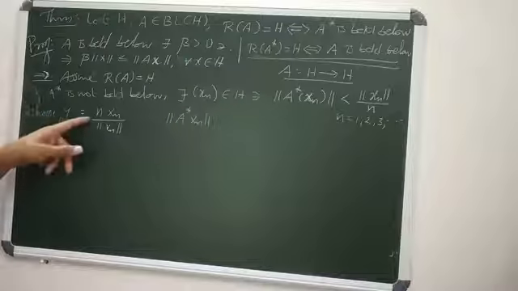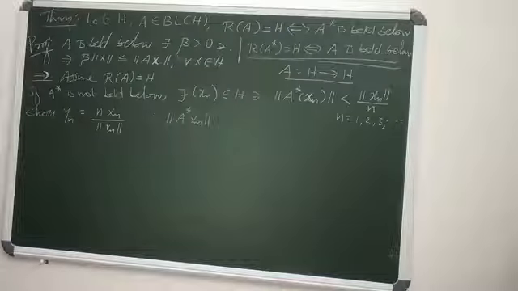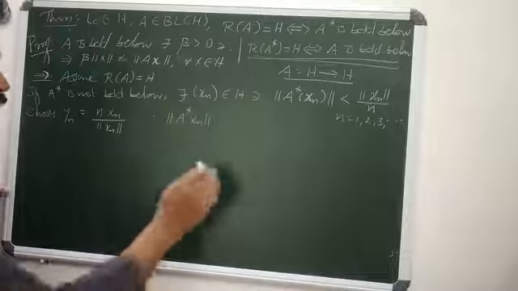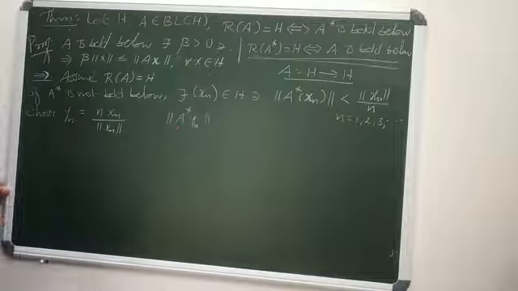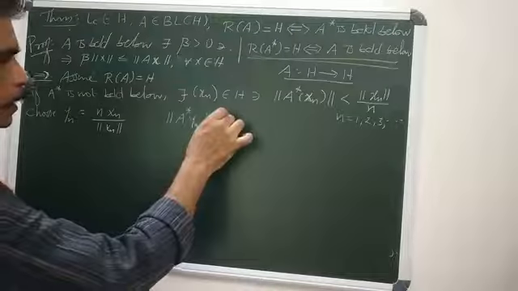Clearly norm Yn equals n. And what is norm A star Yn? Norm A star Yn is strictly less than 1.